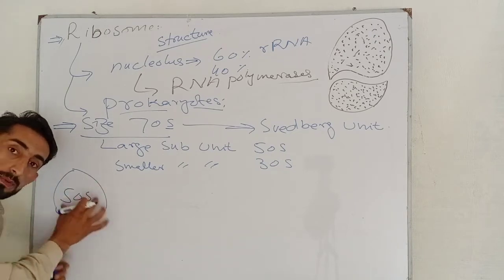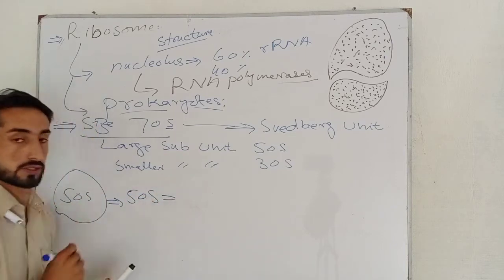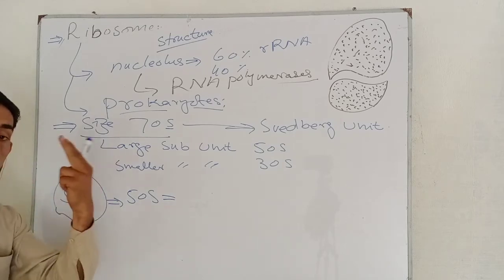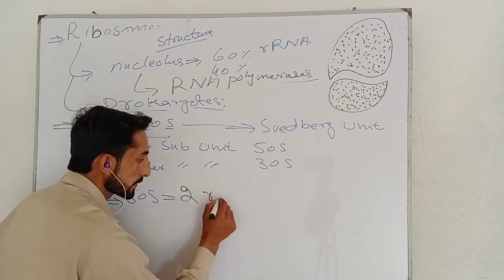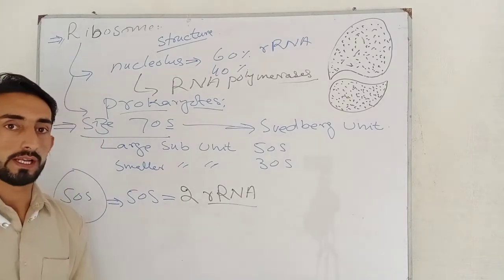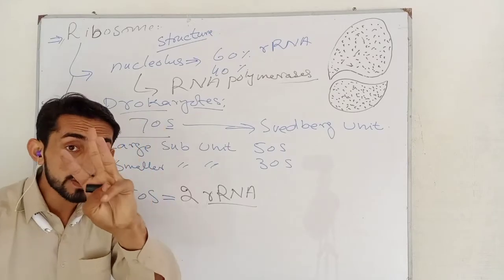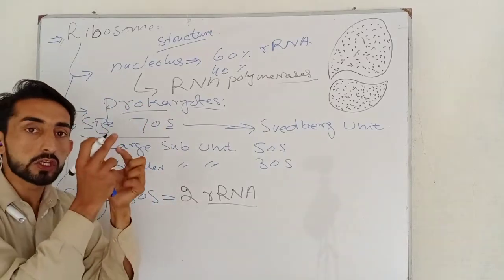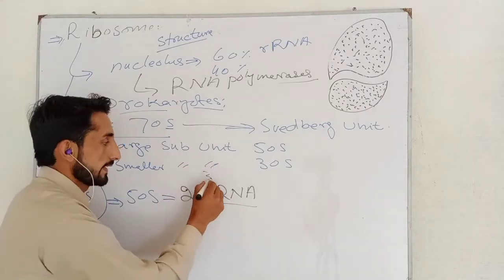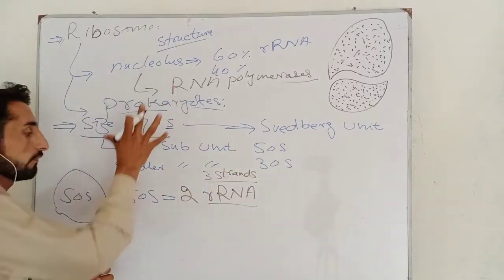Let's see the structure of this 50S subunit. It has two ribosomal RNA molecules. It is very important that ribosomal RNA has 3 strands in prokaryotes, while in eukaryote it has 4 strands.